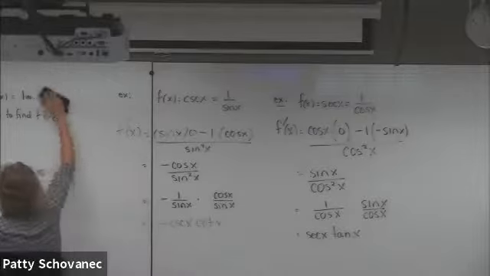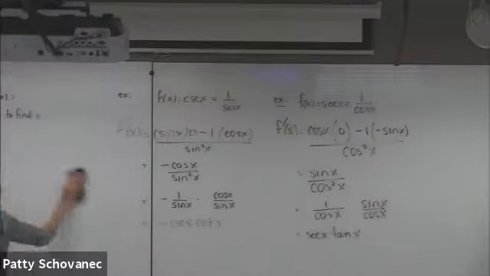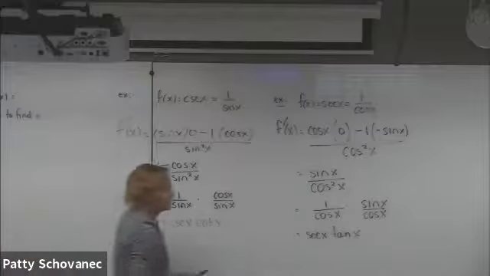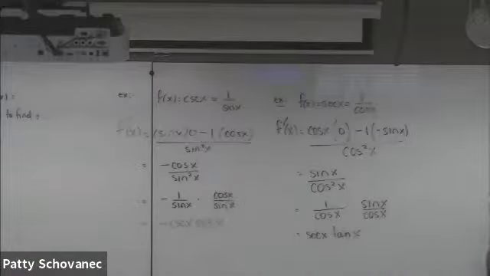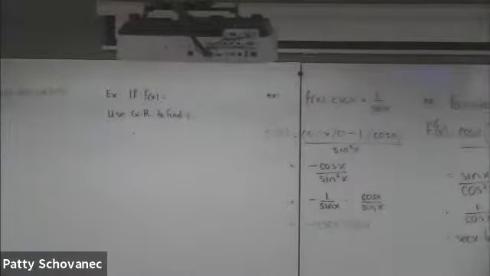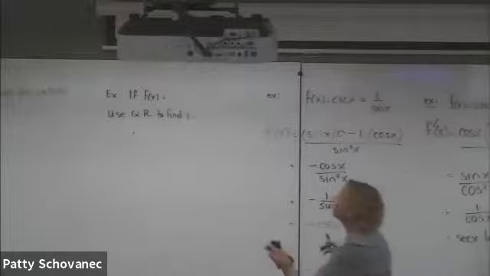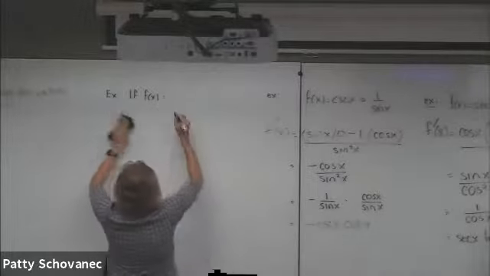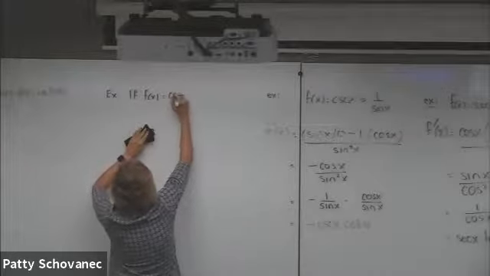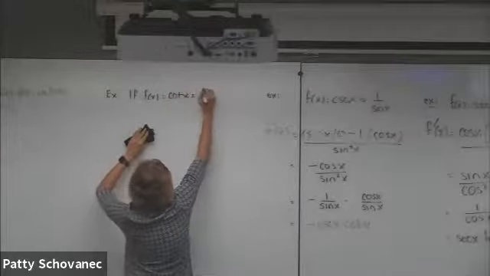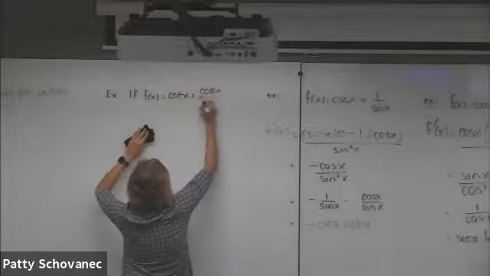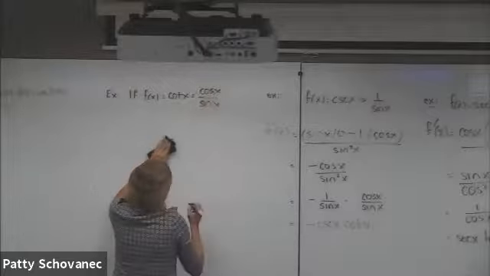Back up to here. F of x is equal to cotangent of x, which is the cosine of x over the sine of x.